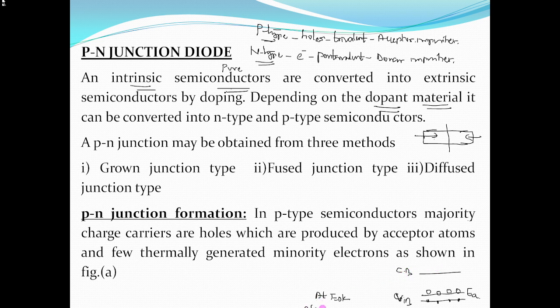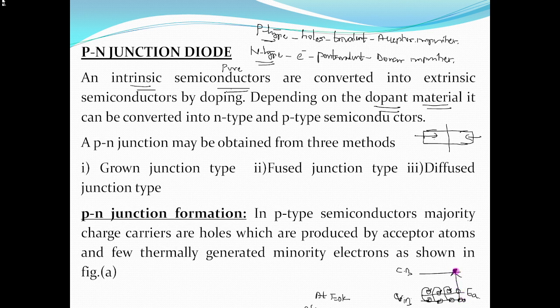At T greater than 0 Kelvin, if I give temperature, what happens? These holes are ready to accept electrons. So the acceptor level is filled with electrons and holes are created in the valency band. Now if all the acceptor level holes are filled with electrons and you still give temperature, electrons move from the valency band to the conduction band, creating holes in the valency band.